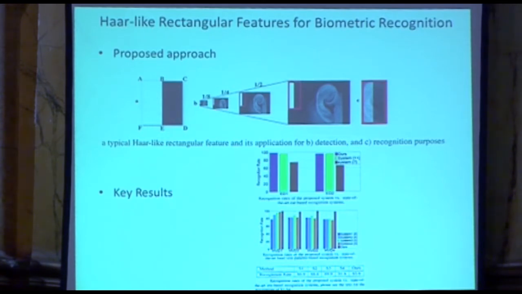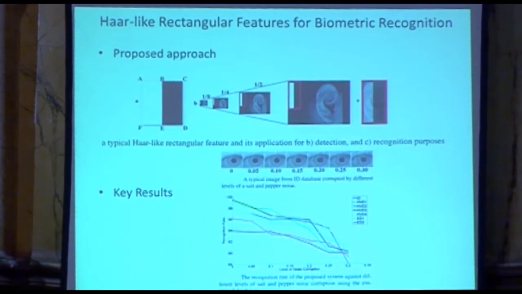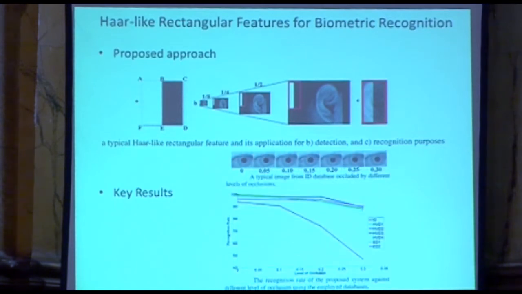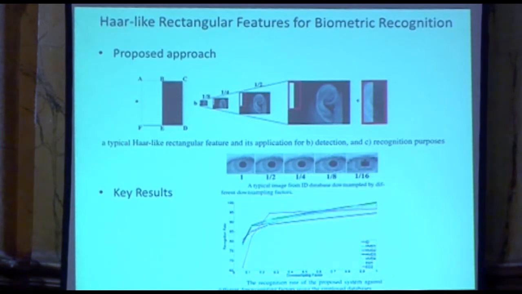And then we have done extensive experiments on different types of imaging conditions: when there are different levels of noise, how the performance of the system is degraded, when there are different levels of occlusion, how the performance is degraded, and when we have different downsampling factors, how the performance of the system is degraded.